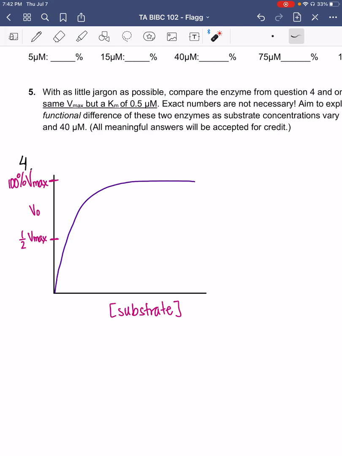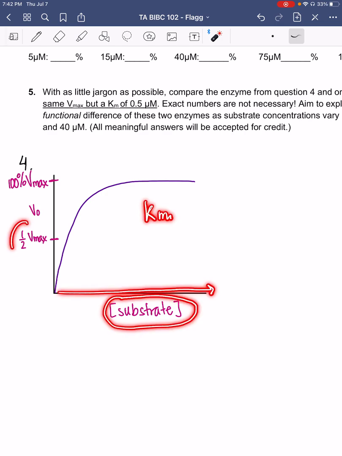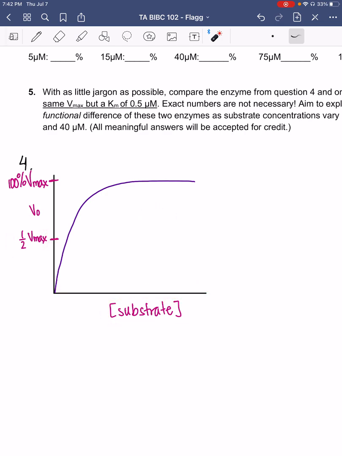Now, let's say we would like to find out the Km of this enzyme. What is the Km? How do we know that? Well, Km is the concentration of substrate, so it is a value on the x-axis that shows us when the enzyme will work at half of its maximum velocity.